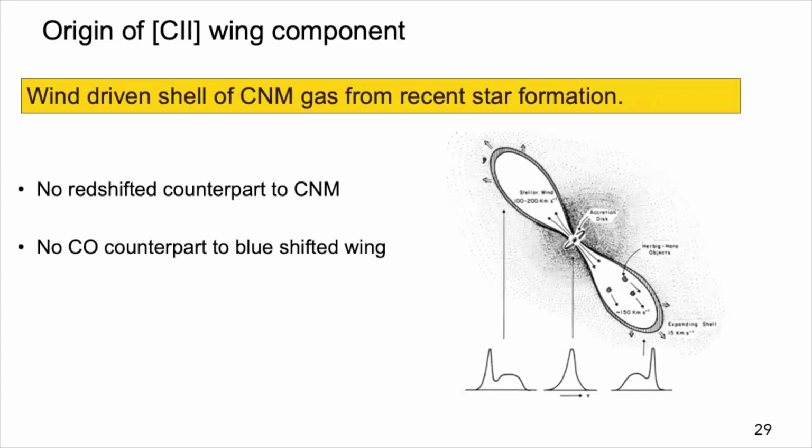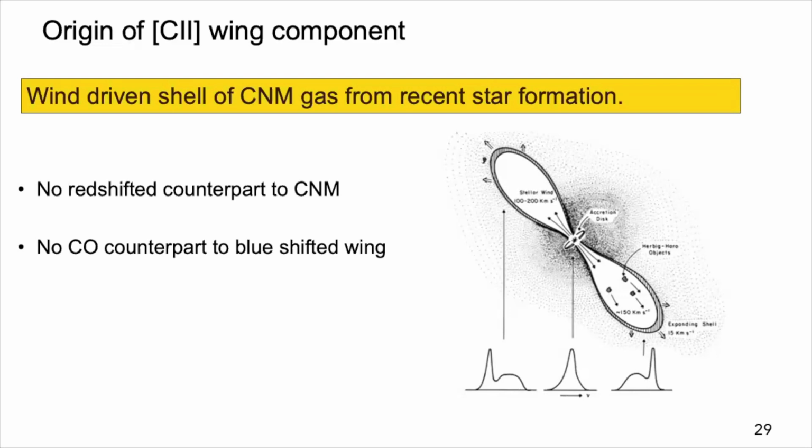It could be a wind-driven shell of CNM gas from recent star formation. There's lots of star formation going on inside the cloud. I try to discount that one by saying, well, most outflows from young stellar objects are bipolar. We have no evidence for a redshifted counterpart of CNM gas.